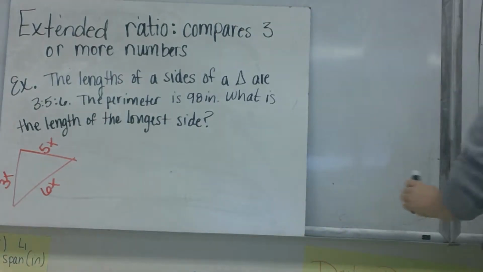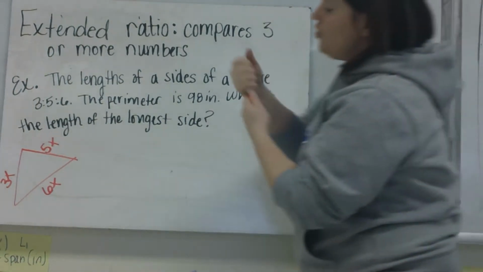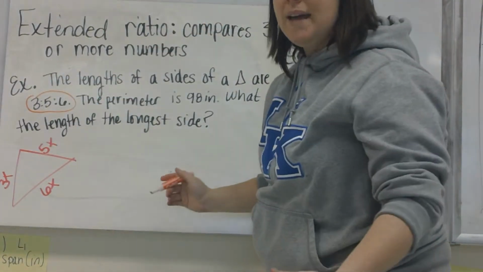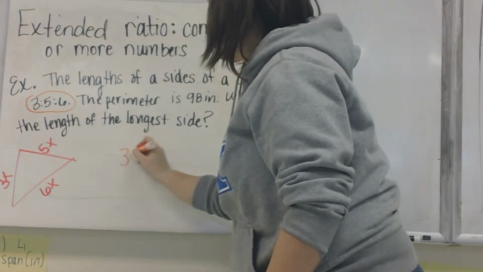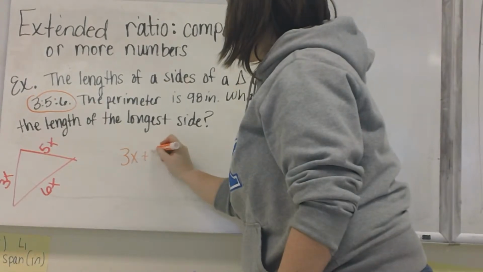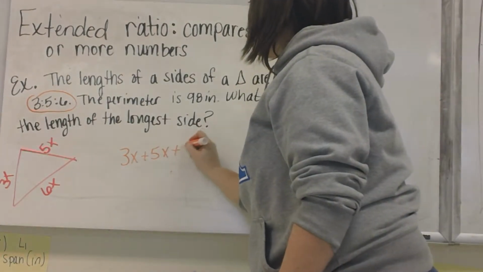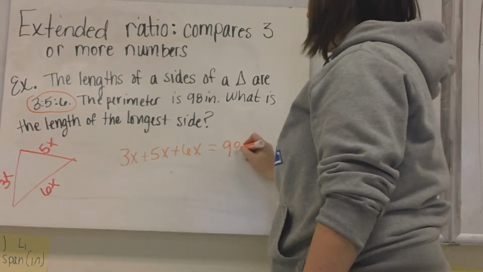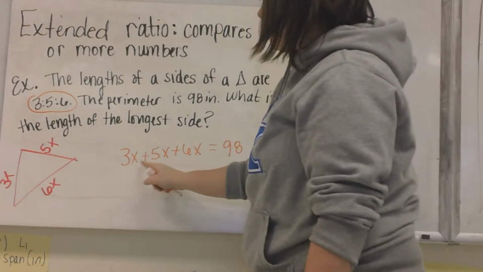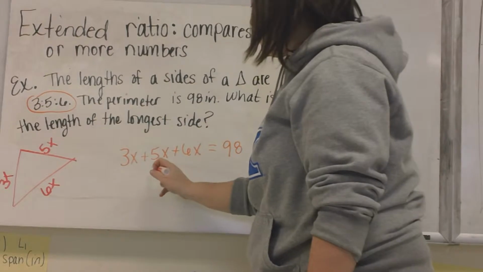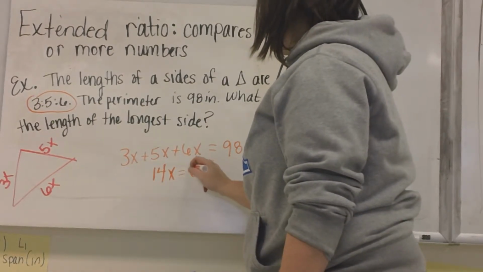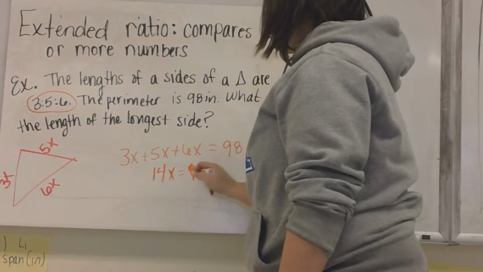So very, very simple. All you do is you take this ratio, you put some x's after each number. So I'm going to do 3x plus 5x plus 6x, and then my perimeter is 98. So when I take this, 3 plus 5 is 8, 8 plus 6 is 14, and it's just solving for x.